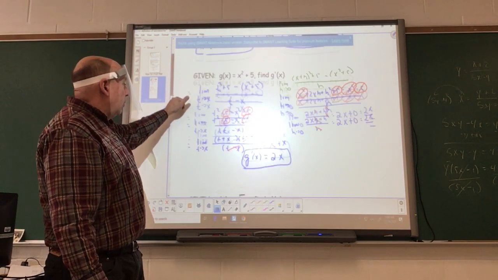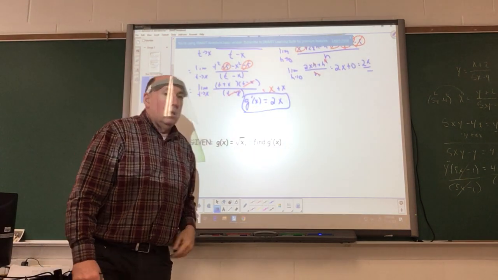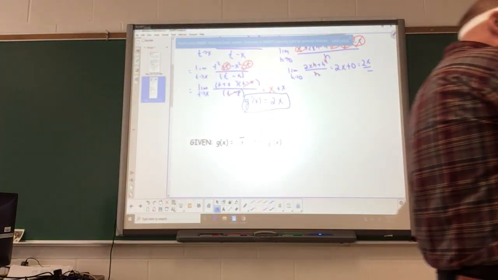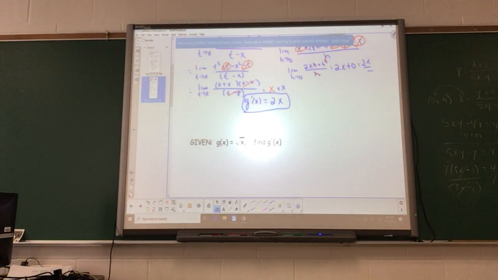So either one will give us the same solution. And we'll use both of these to deal with derivations of derivatives.